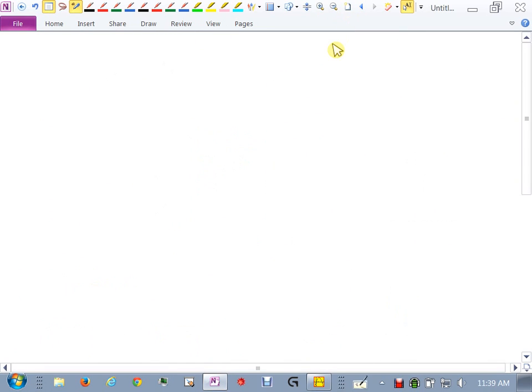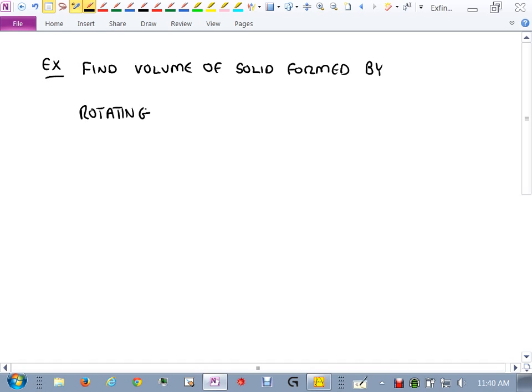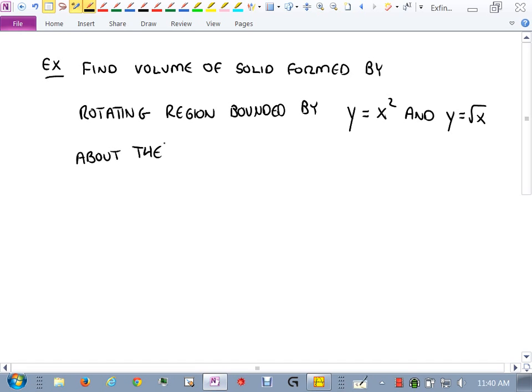Let's find the volume of the solid formed by rotating the region bounded by y equals x squared and y equals the square root of x about the x-axis.